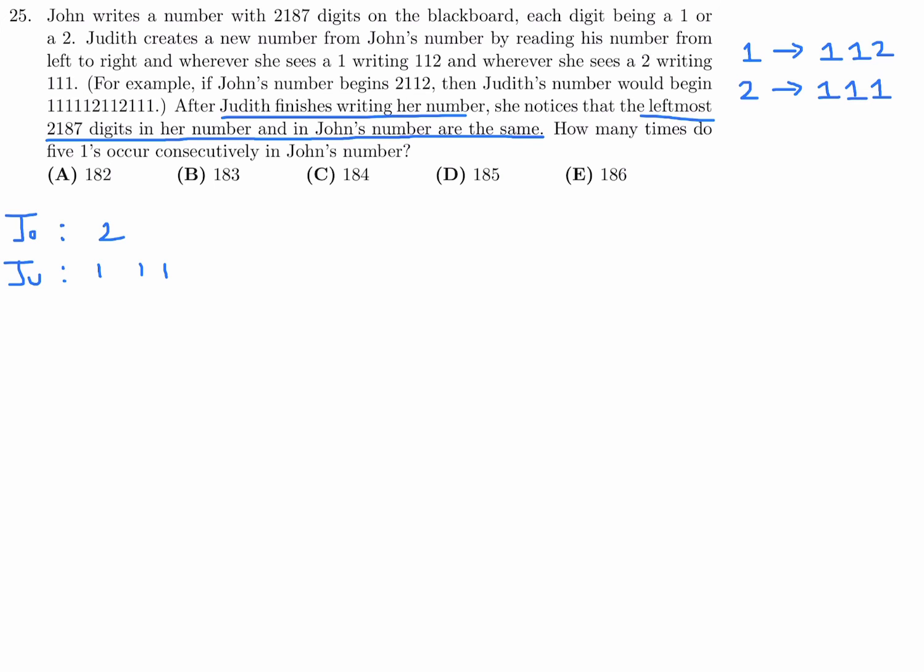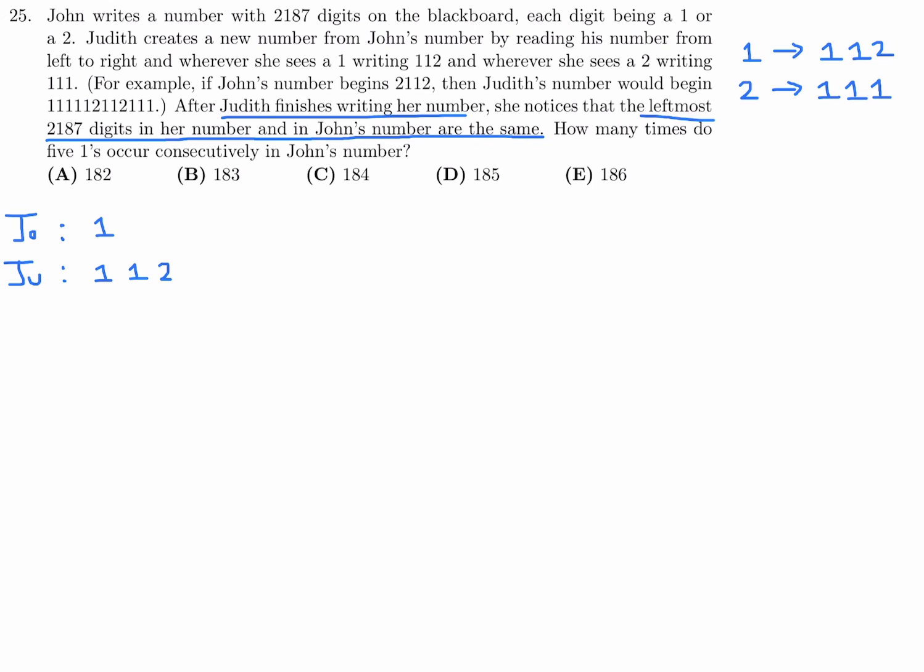Now, I'm not going to write out all 2187 digits, but I'm going to try to see if there's a pattern here. So the only thing we figured out from this is that John's first number cannot be a 2. It must be a 1. Because if it's a 1, then Judith will write 1, 1, 2. And so far, it matches.